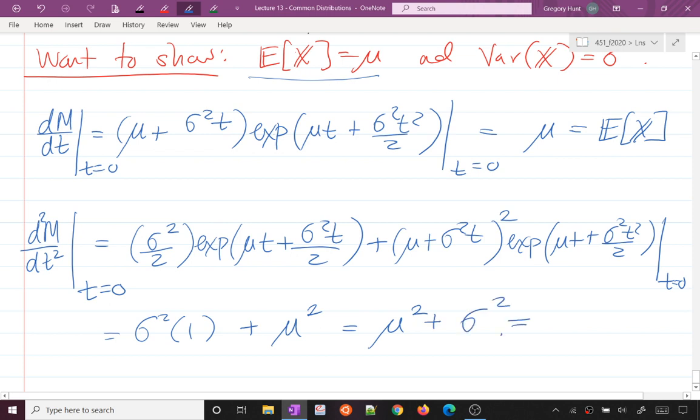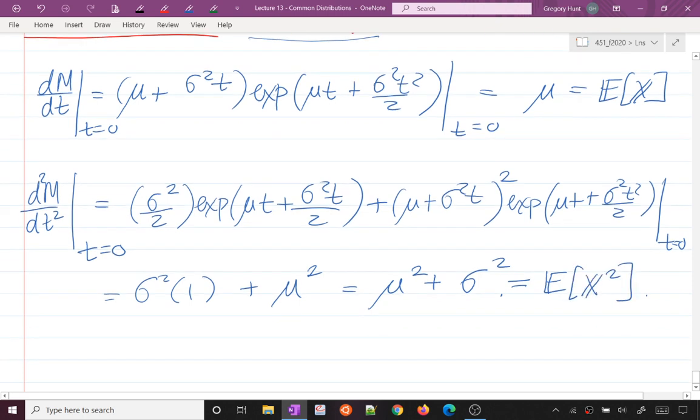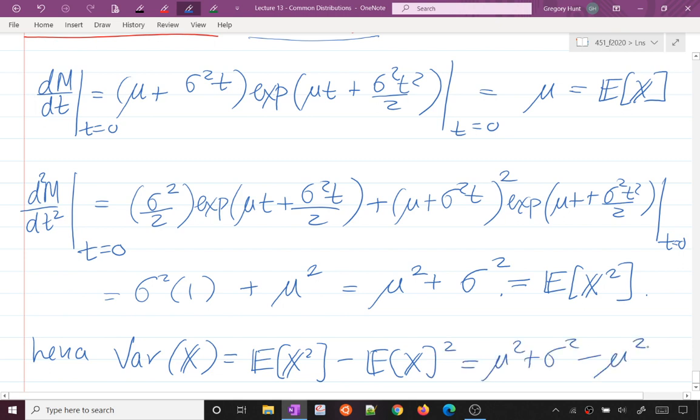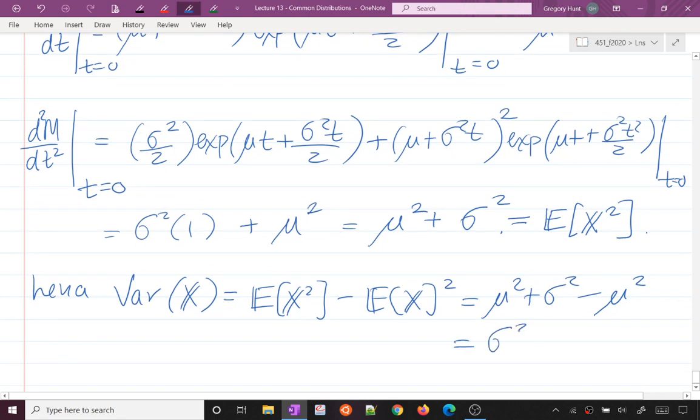So by our theorem, the second derivative of the MGF at 0 is the second moment. So the expected value of a normal random variable squared is mu squared plus sigma squared. Hence, if I want to get my variance, I take, of course, the second moment minus the square of my first, which is mu squared plus sigma squared minus mu squared, sigma squared.